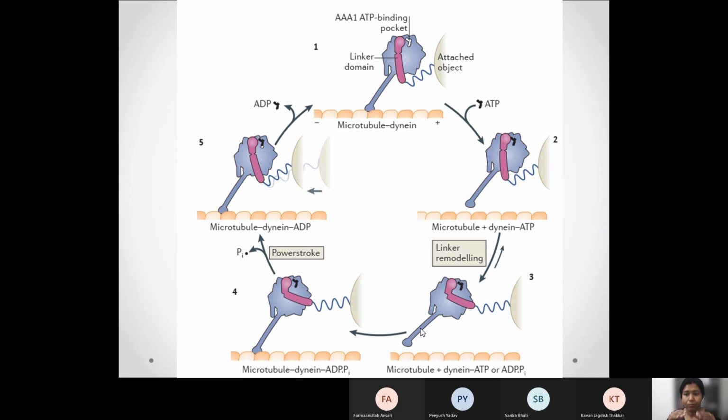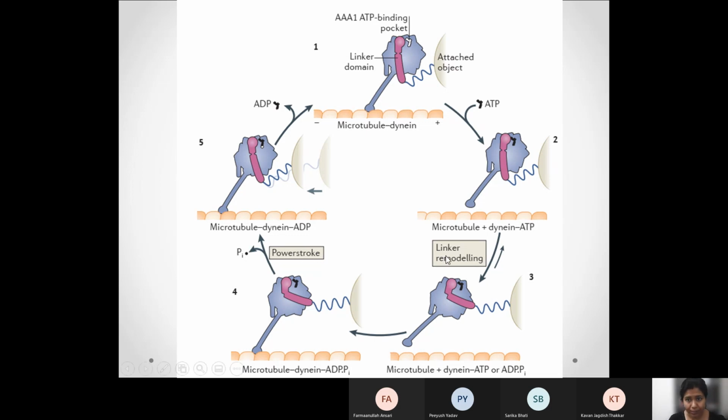And when they move on the microtubule, the two legs are actually attaching to two different protofilaments of the microtubule. So they're moving like this. It's a very sloppy movement. It could be that one leg moves backward, the other leg moves 3 steps forward. So it's not as systematic as kinesins.